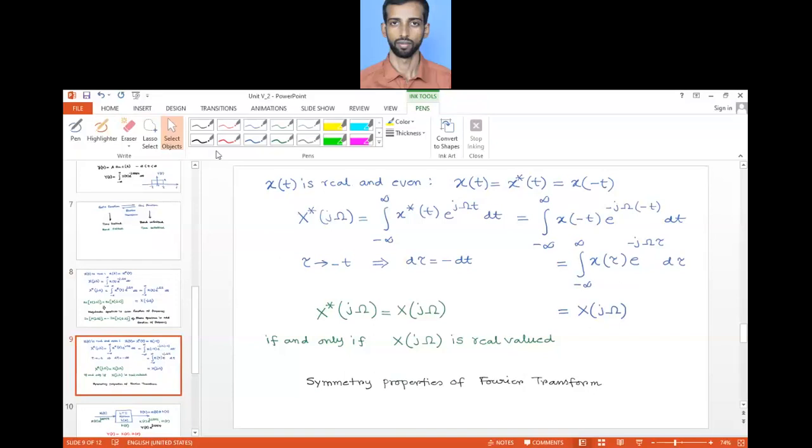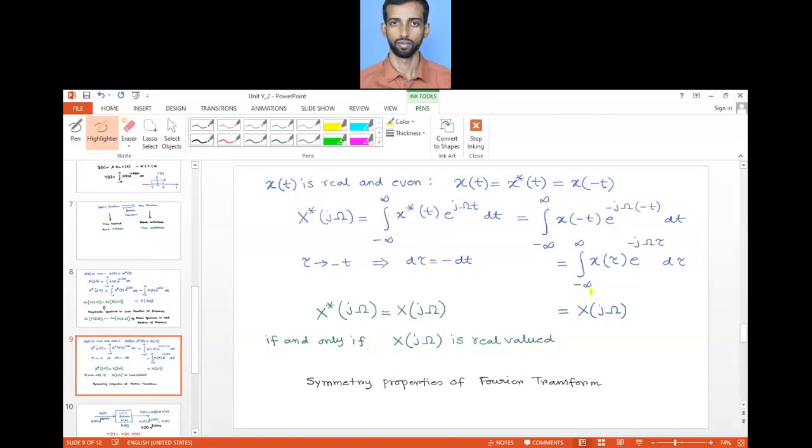Now sometimes the signal is real as well as even also. That means x(t) is equal to x star(t), that is also x(-t). So in that case, if you just calculate this expression, you find that it looks something like this. X star(jω) is equal to the integral from minus to plus infinity of x star(t) e^(jωt) dt. And in place of x star(t), you can also write x(-t). Then you do another substitution over there. Let's put tau is equal to minus t, that means d tau is equal to minus dt.